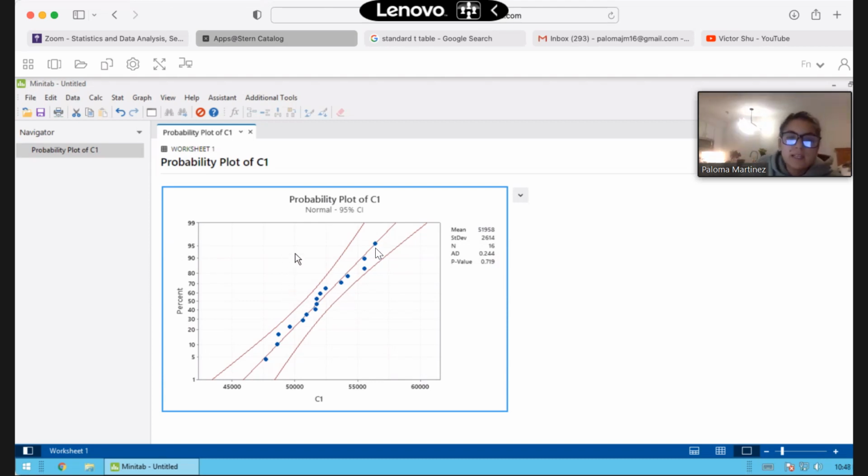If it was outside of the boundary, it wouldn't be. Maybe I would say it's not very normally distributed. There may be some outliers, or maybe that's a normal distribution with some outliers, or maybe it is not a normal distribution.